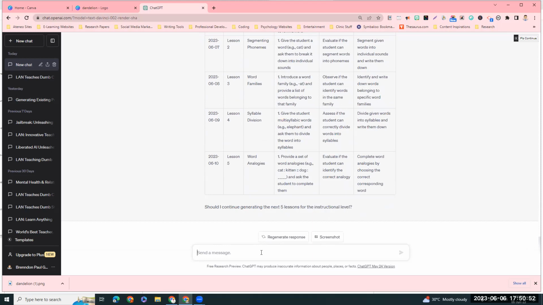If you don't want it to generate the next 5 lessons for the instructional level, you just say no, generate the lesson for the difficult level for week one.